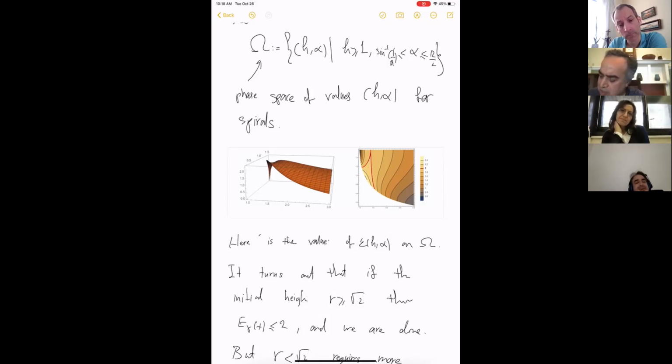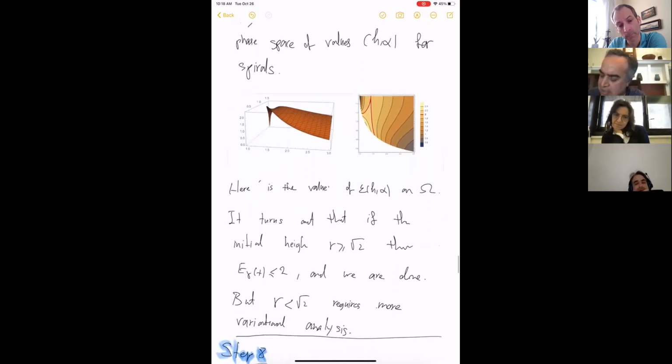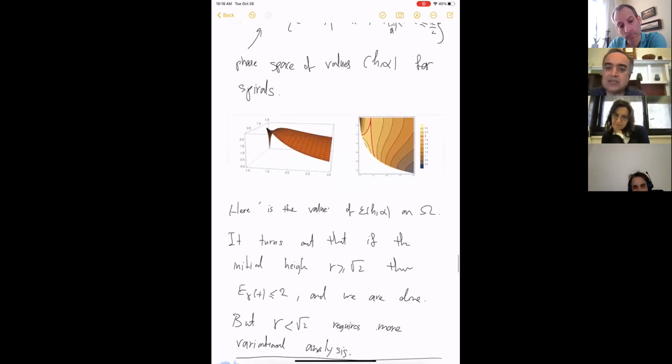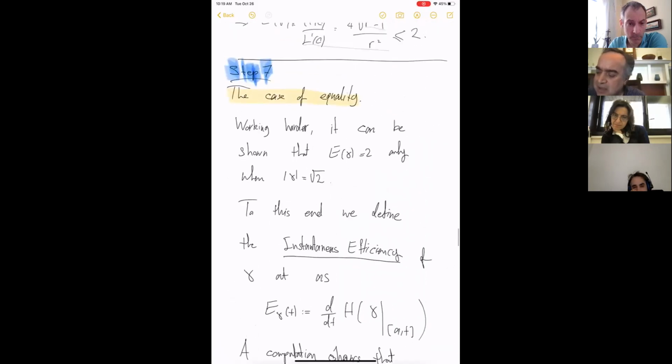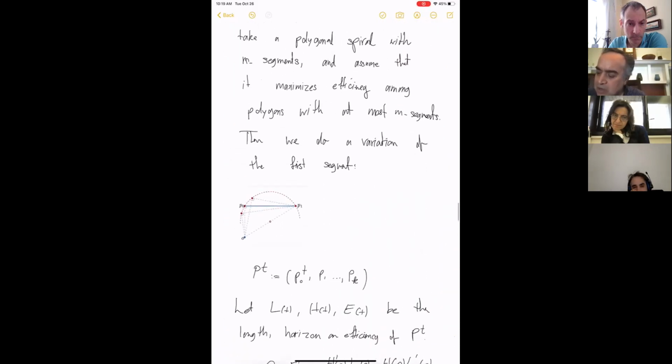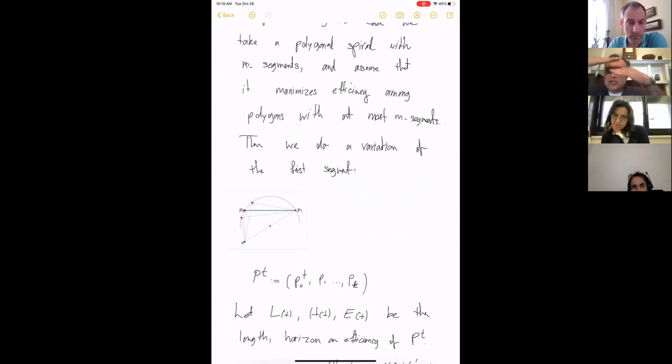But if the initial height is less than radical 2, it will enter that bad region. So more work is needed. I haven't included the details because the details get technical, but basically the main idea was just this: for the polygonal curves, I just did this variation of the first segment.